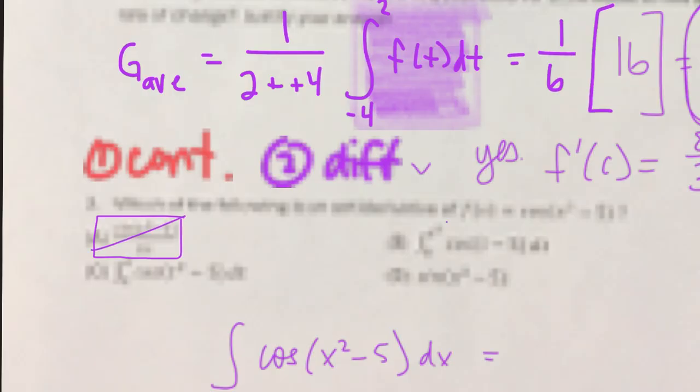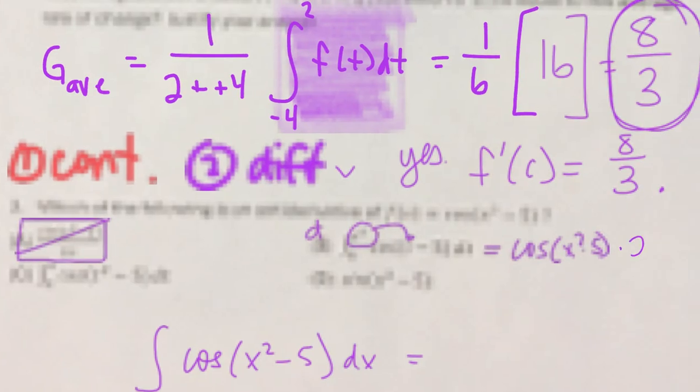Okay, B, that means we just take this and we multiply it in here, right? If we're going to take this one's derivative, this would give us cosine of x squared minus 5, but also times 2x, right?